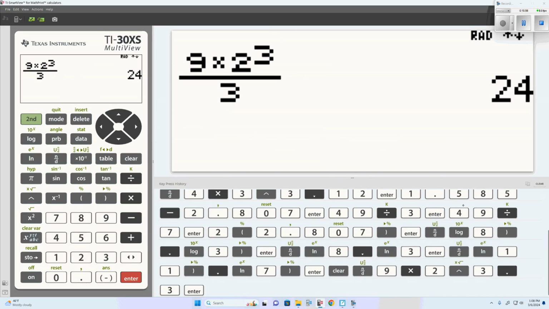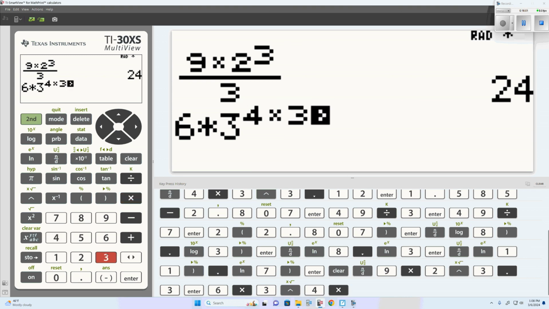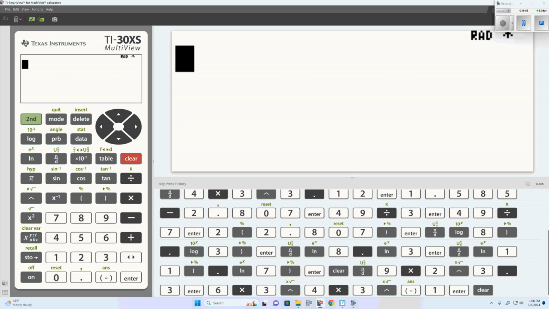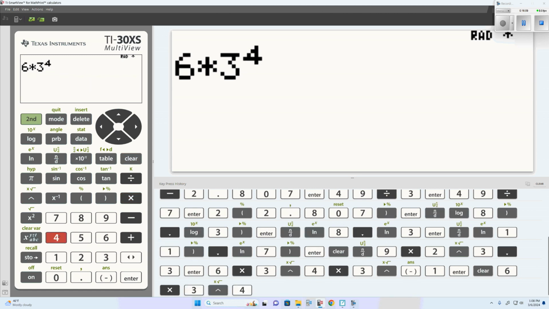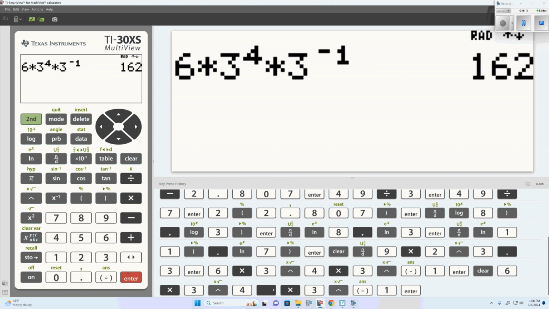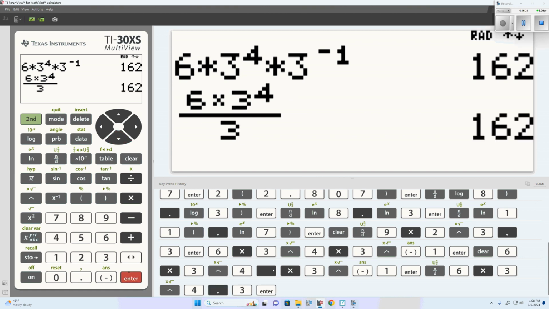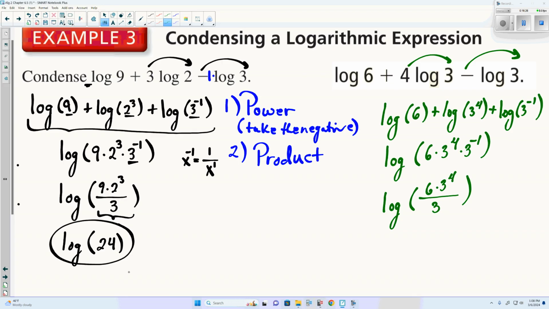We could have done 6 times 3 to the 4th times 3 to the negative 1, or we can say 6 times 3 to the 4th all over 3, which is still 162. Now, if this is variables, we're going to have to do some of that calculation by hand.